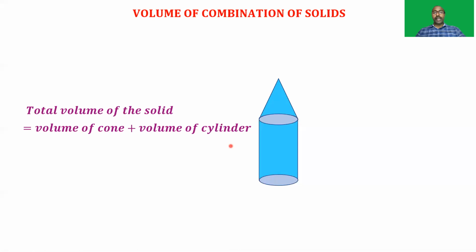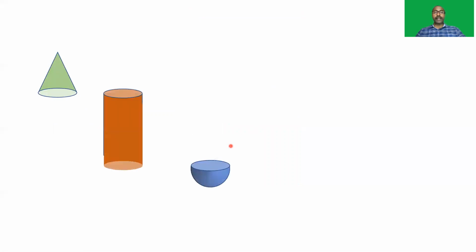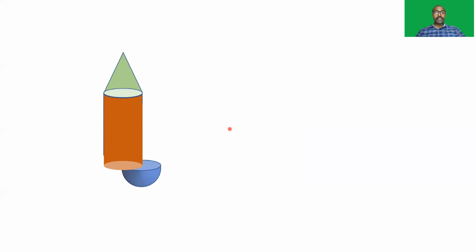Okay, and similarly, one more example. Here I have a cone, a cylinder and a hemisphere. After attaching these three objects together, we get this shape.